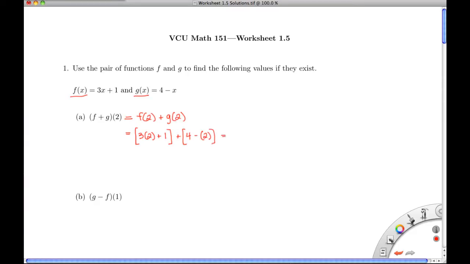If we took this through, we would get 6 plus 1 plus 4 minus 2, which is just going to give us 7 plus 2, and then our solution here would end up being 9. So that would be the value for part A.